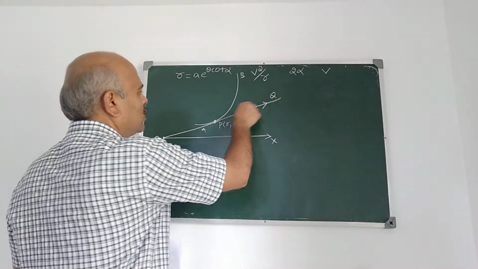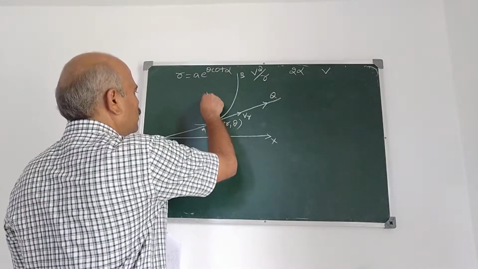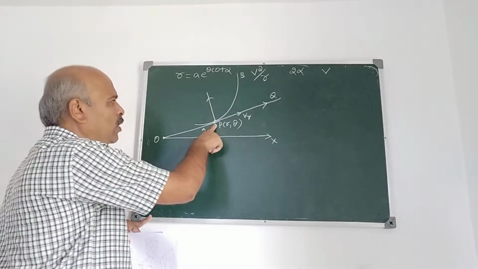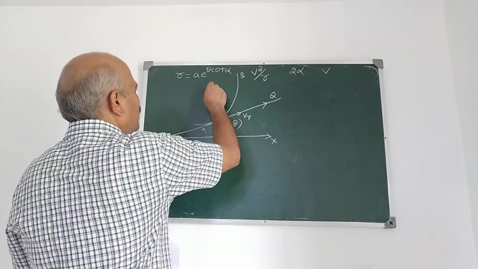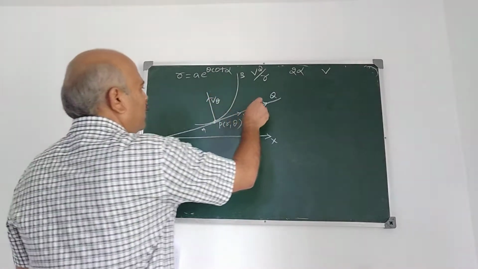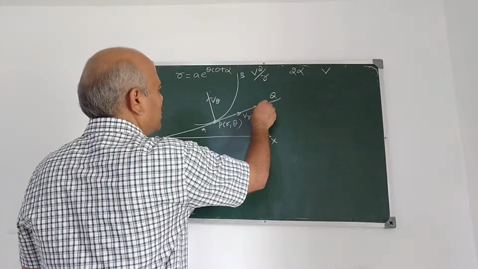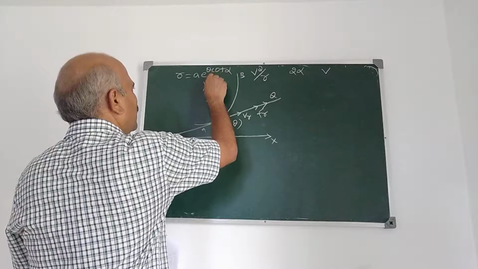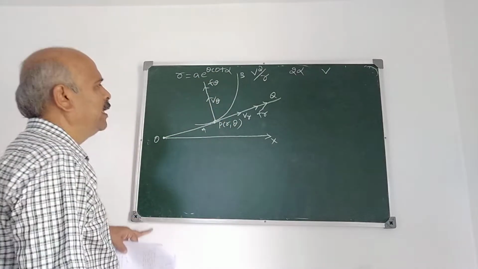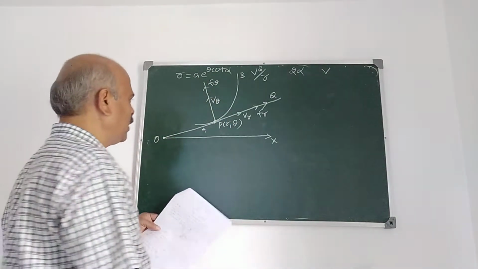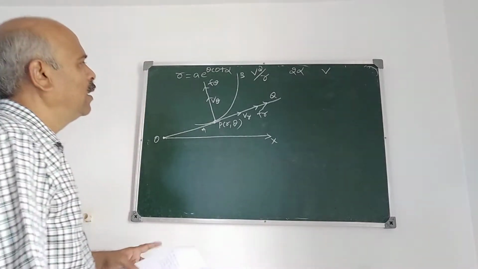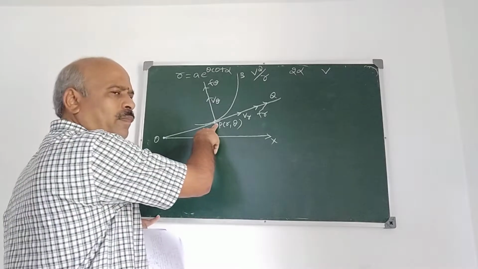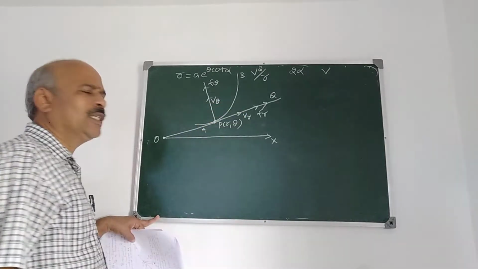We denote this by Vr, and transverse velocities along the line perpendicular to the radius vector at the point P. It is V theta, and radial acceleration is Fr, transverse acceleration is F theta, and V be the velocity of the particle at the point P. And you know that velocity means resultant velocity.